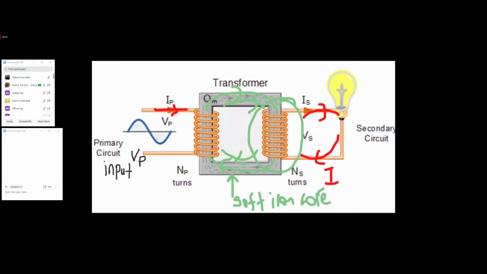Now the secondary coil produces current, the output voltage, output current. It's an induced current.